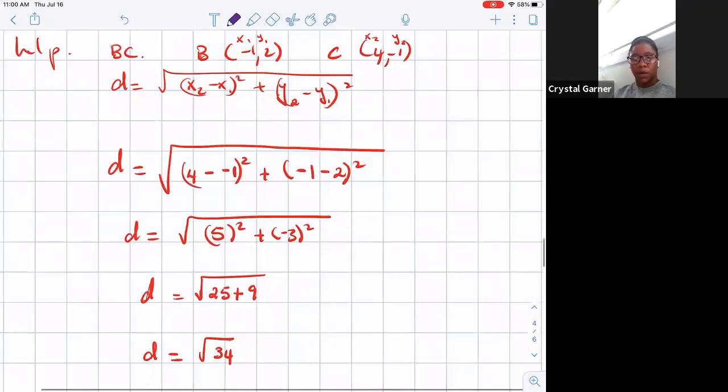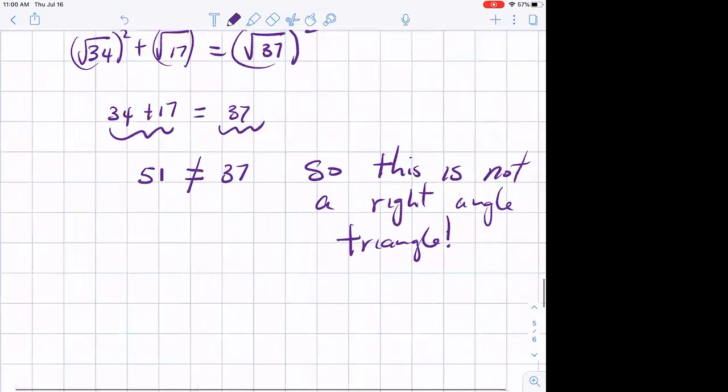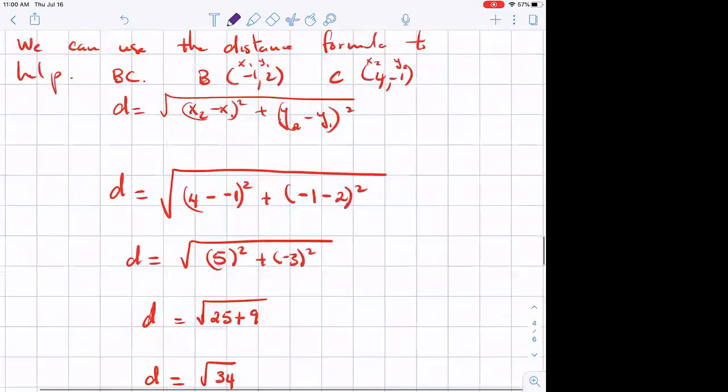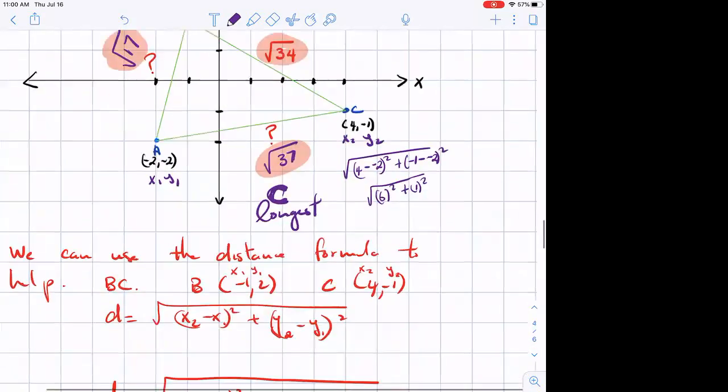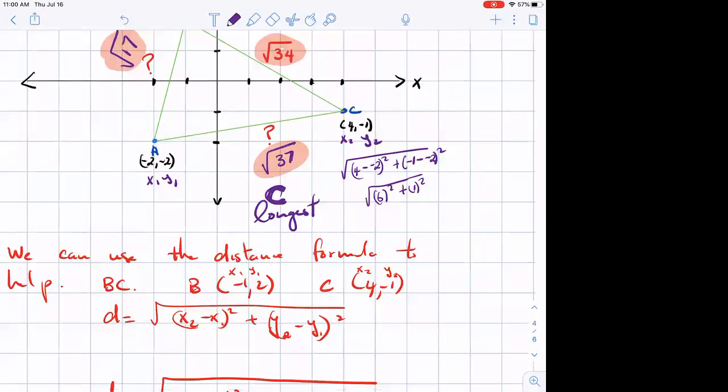No. Okay. So although we were talking about slope and about distance of sides and so on, do you see how you can use it in an application problem now? You can actually use it in applications if you know the length of things to say if it's a right angle or not.